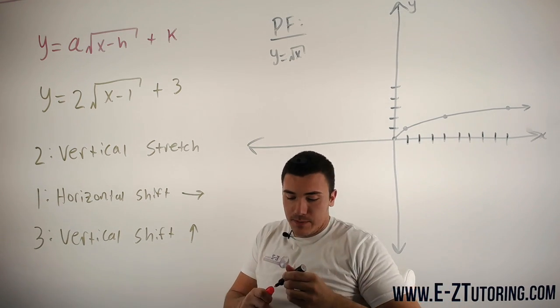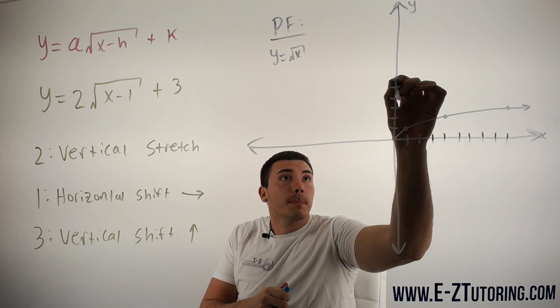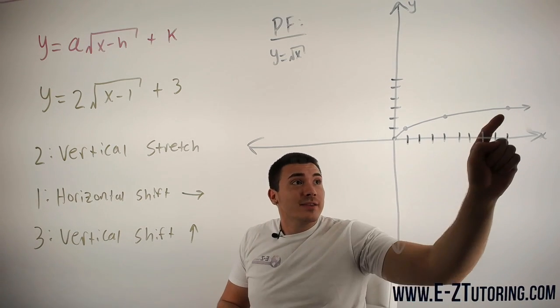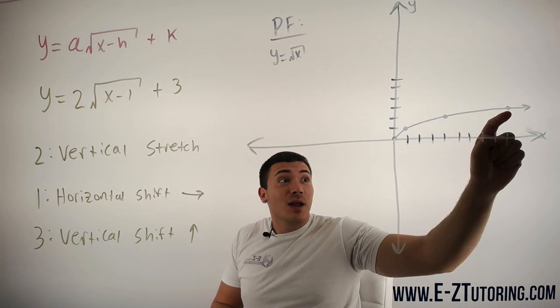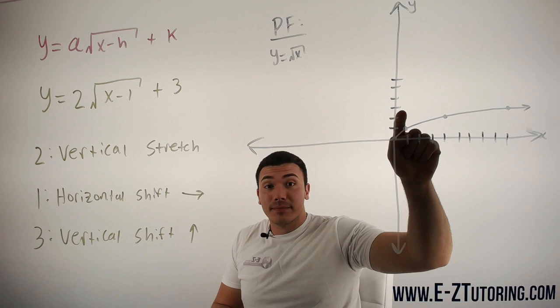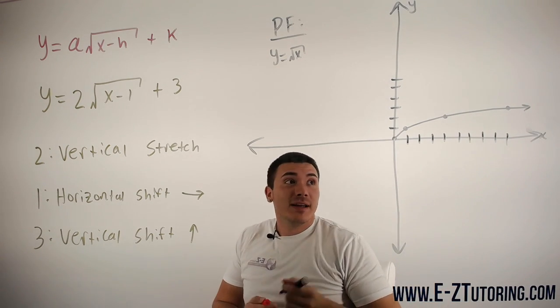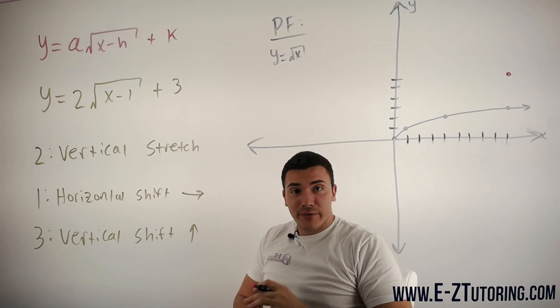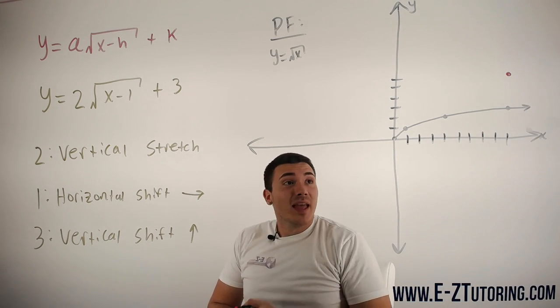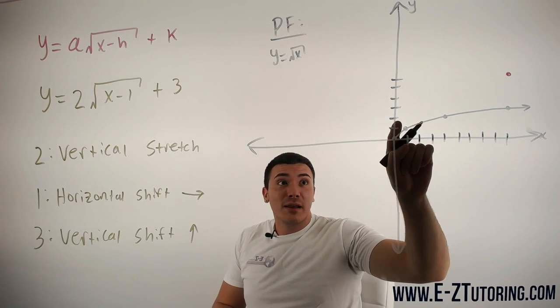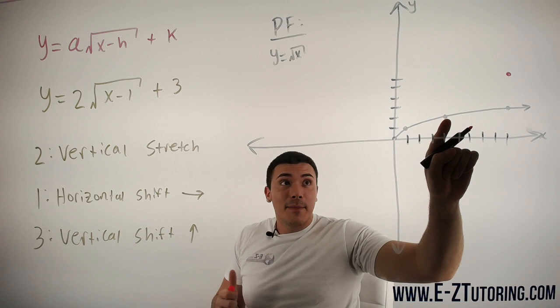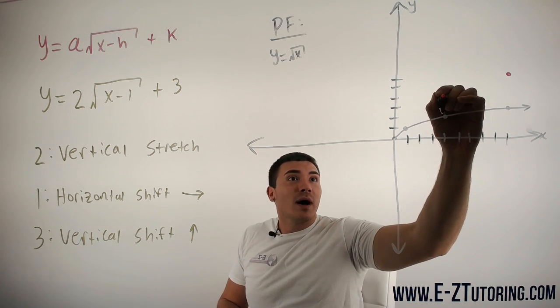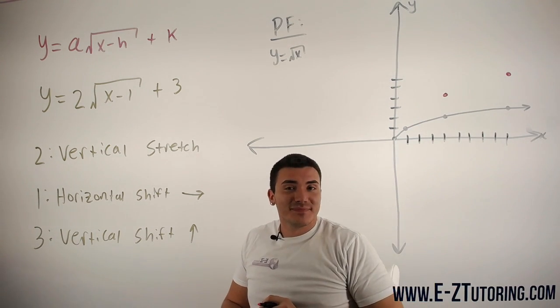So for example, this coordinate right here is at a y coordinate of 3. We multiply that by 2, and that puts it at a y coordinate of 6, right over there. Same with this one. This is at a y coordinate of 2. We multiply that by 2, and that puts us at a y coordinate of 4.